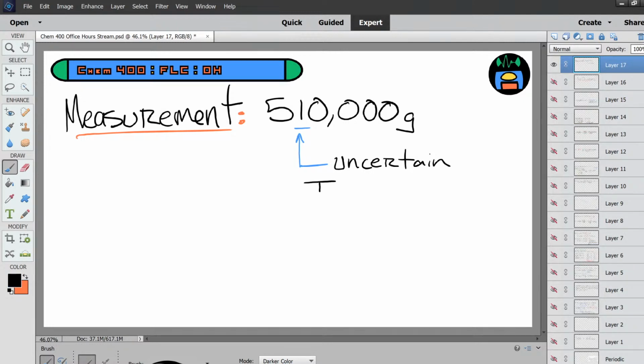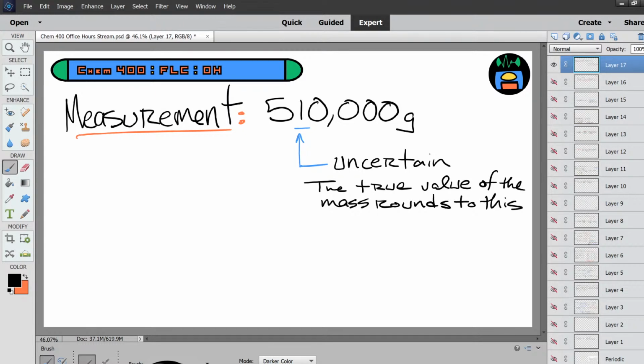What it means to be the uncertain digit is that the true value of the mass rounds to this place value.